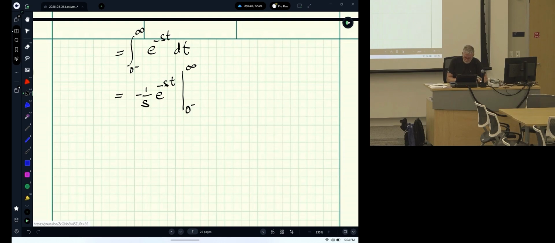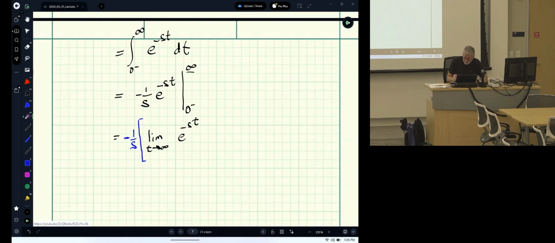Okay, can we handle it? So I'm going to put the minus 1 over s here. And then this is the limit as t goes to infinity of e to the minus st. Right, so I got rid of that minus sign and the 1 over s, and I'm focusing on this part now.